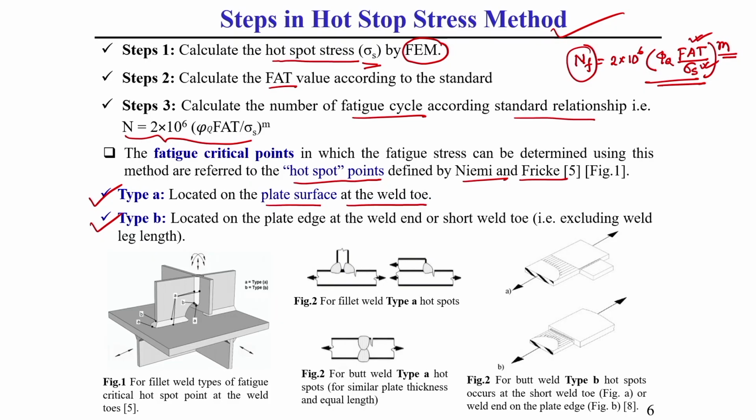That means, if the toe is located at the plate surface, that toe point is called a type A hotspot point. And what is a type B hotspot point? A type B hotspot point is generally located on the plate edge at the weld end. You should keep this in mind. Everything I will discuss in detail in subsequent figures.